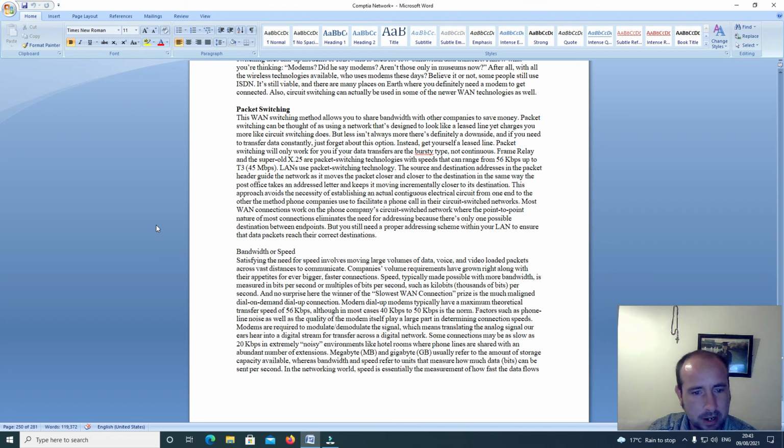Most WAN connections work on the phone company's circuit switched network, whereby the point-to-point nature of most connections eliminates the need for addressing because there's only one possible destination between endpoints. But you still need a proper addressing scheme within your LAN to ensure that data packets reach their correct destinations.